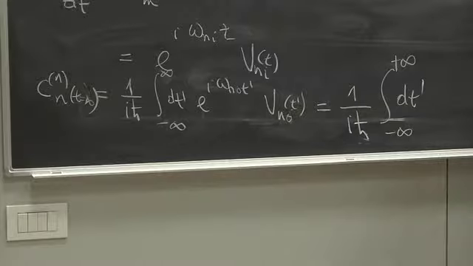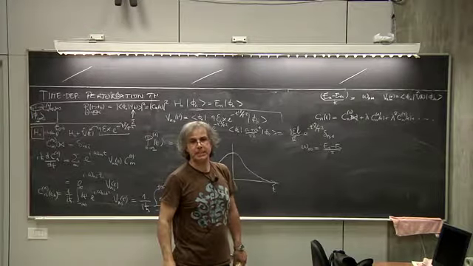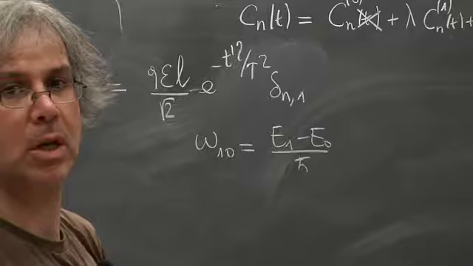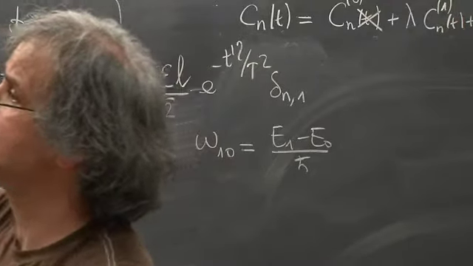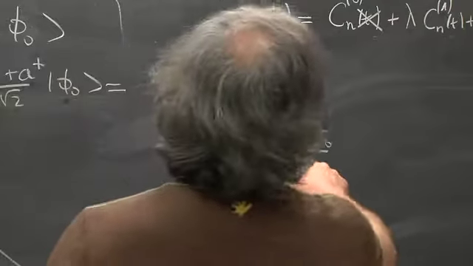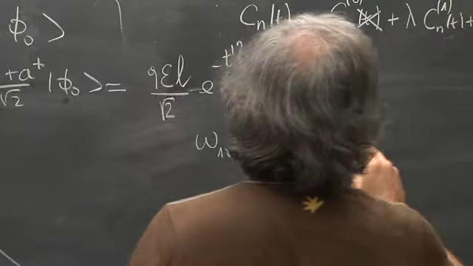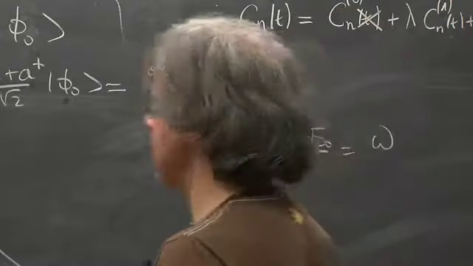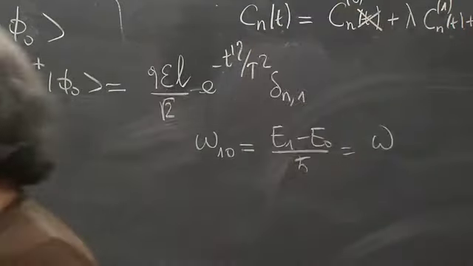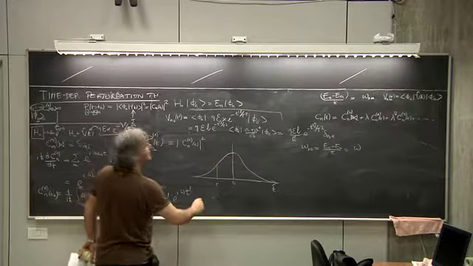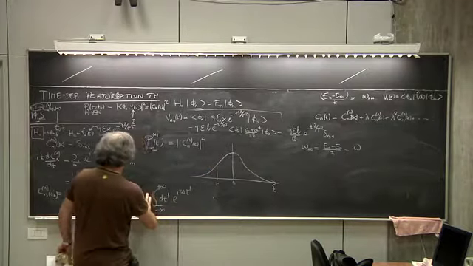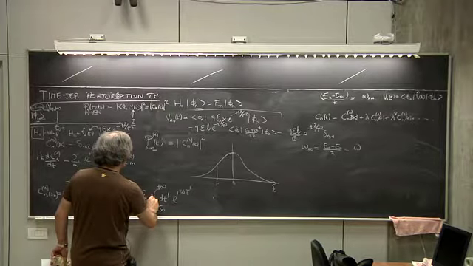How much is this? Well, no, the half cancels. It's just omega minus 0. So it's just omega. Okay? So I have e to the i omega t prime times, well, I have a delta of n and 1.